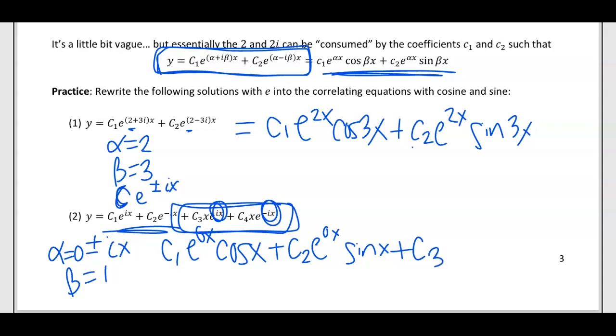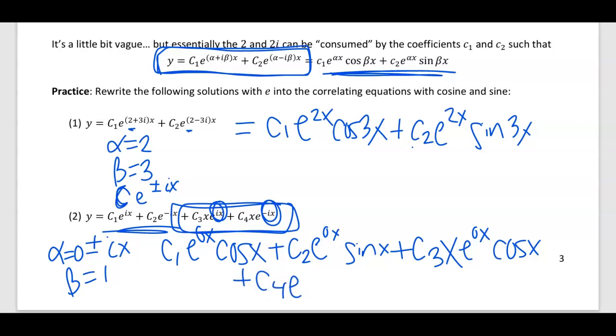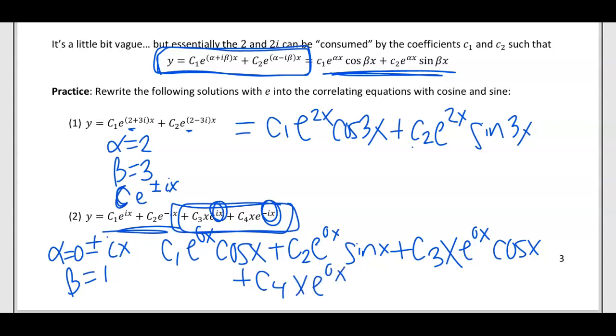So I have C3 x e to the 0x cosine x plus C4 x e to the 0x sine of x.